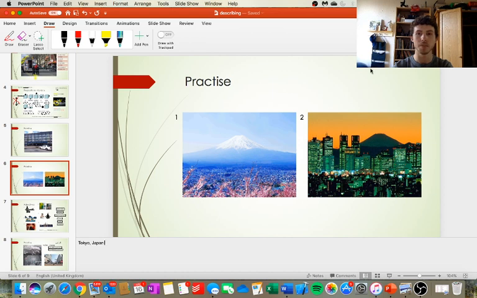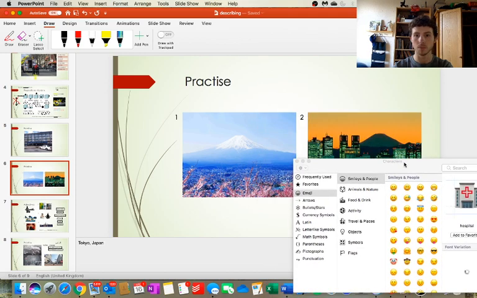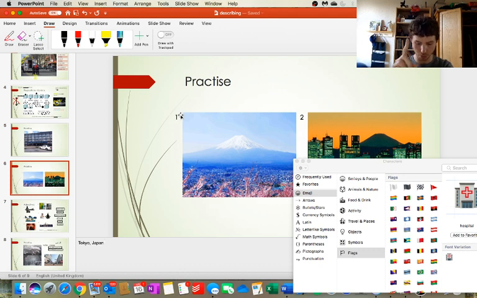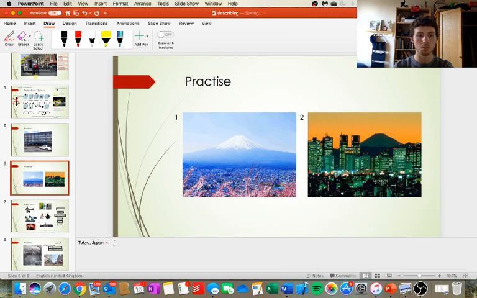What do you see? In the first picture, let's do picture one.